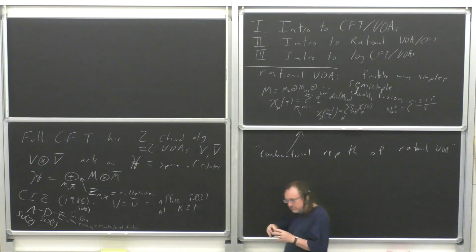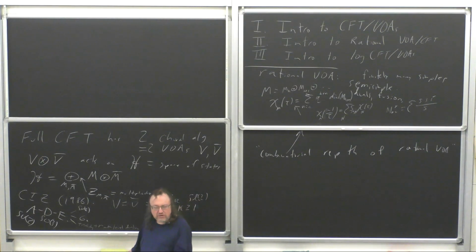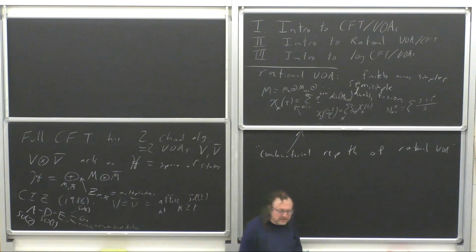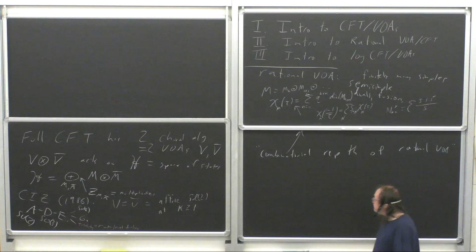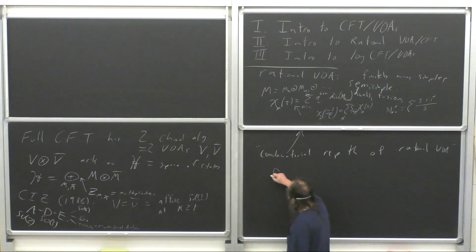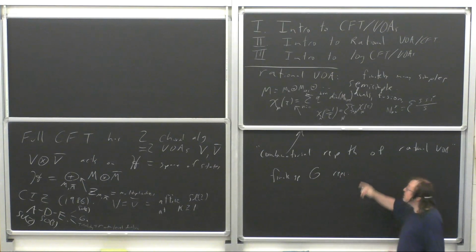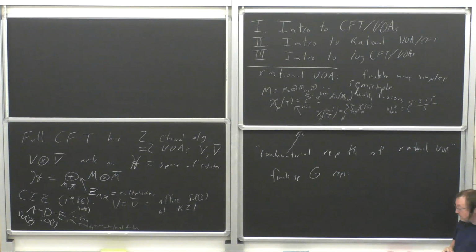Let's look at a situation that all of us understand far better than representations of VOAs: representations of finite groups. So a finite group G, your favorite finite group, Z mod 2, or the monster. Well, the theory of finite group representations is remarkably close to rational VOAs.